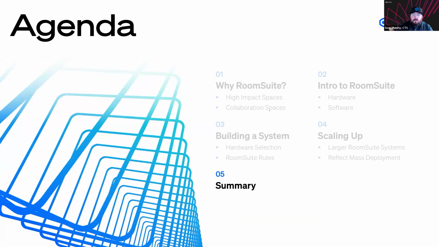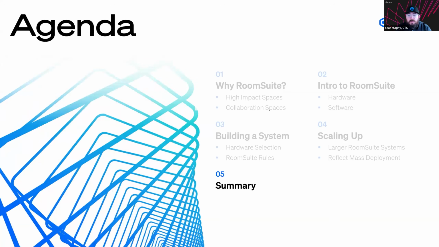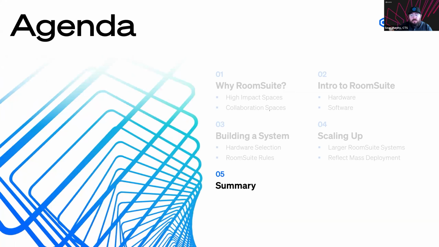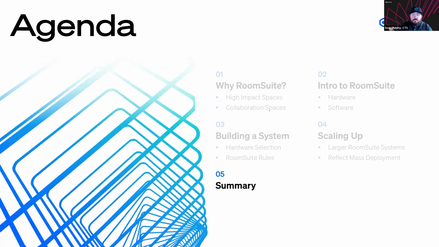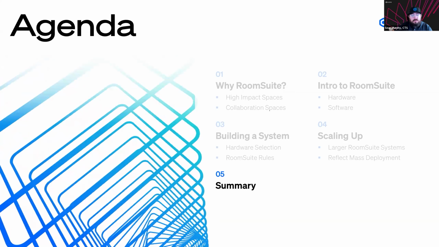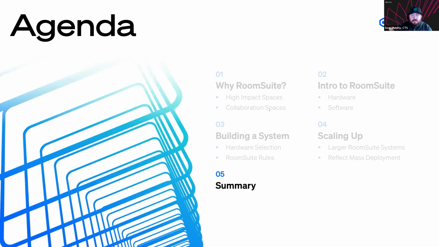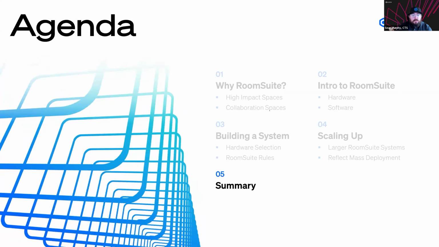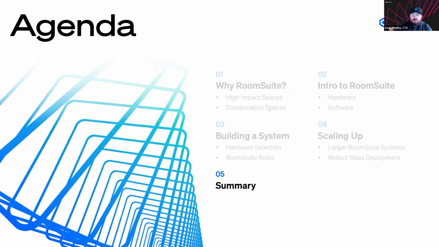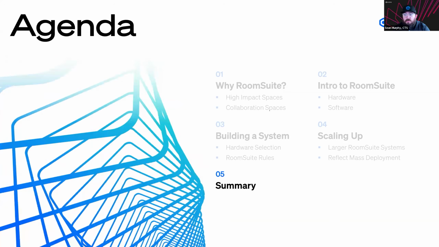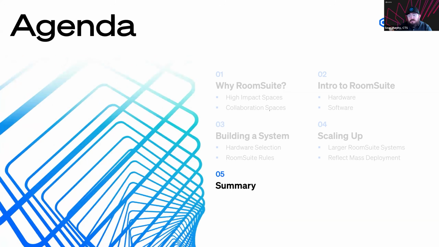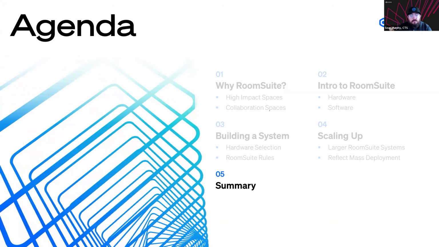So, in summary, RoomSuite was built to better assist with mass deployment type spaces within your corporate campus, where you need a repeatable, easily deployable solution. The base bundle of the RoomSuite Modular System is our RMP 100 and our Ven 4 expander.